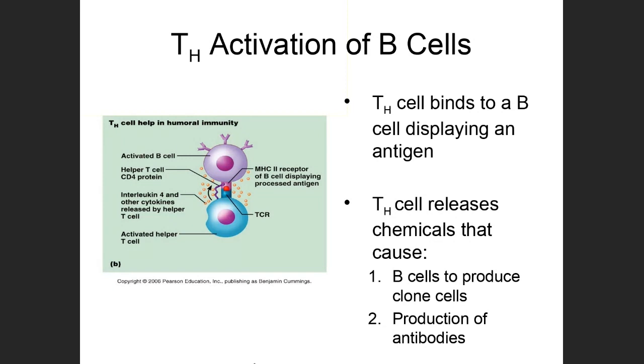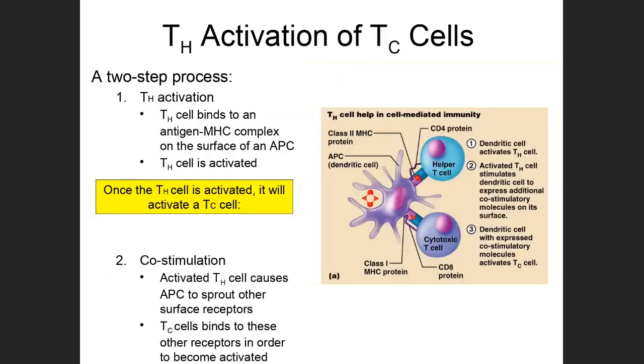To do that, I'm going to go to this last slide, and we're going to look at how helper T cells, which again are our generals, work to activate another type of T cell, known as a cytotoxic T cell or a TC cell. Cytotoxic T cells are the ground troops of the cell-mediated system. They go after those cells that are harboring a virus or something else that's foreign and harmful, and work to destroy those cells through lysis.